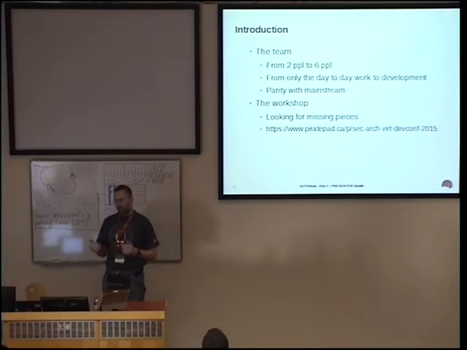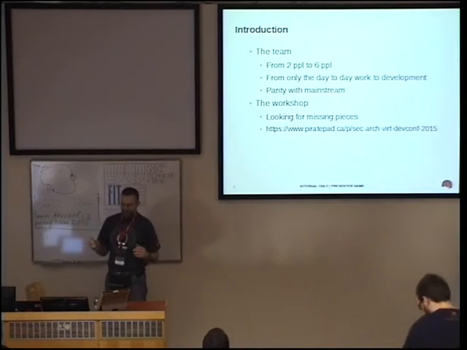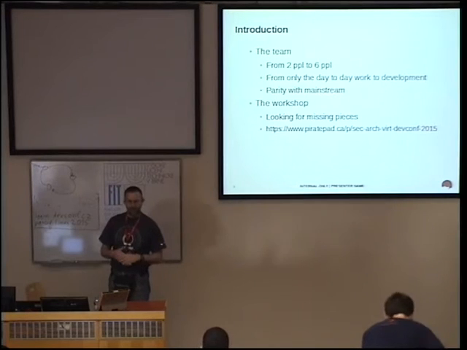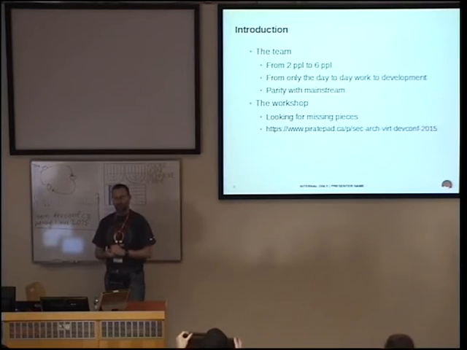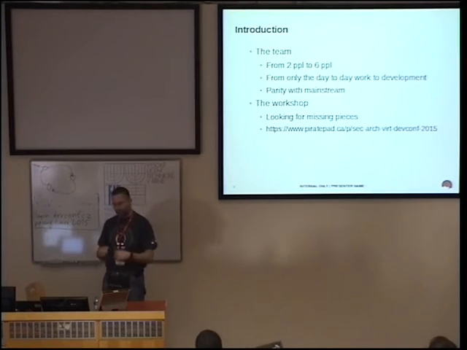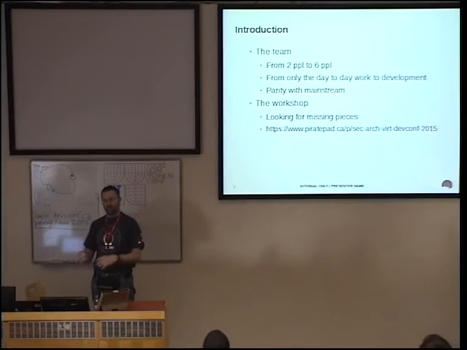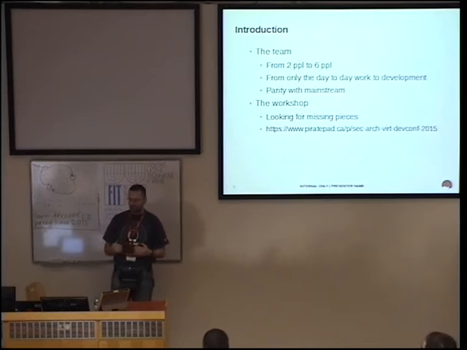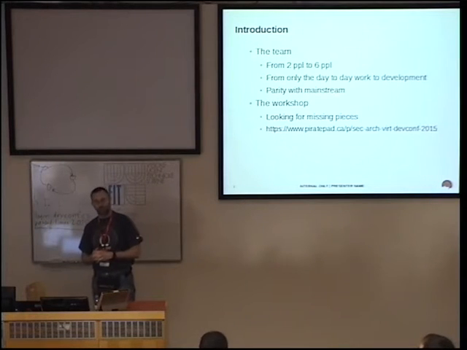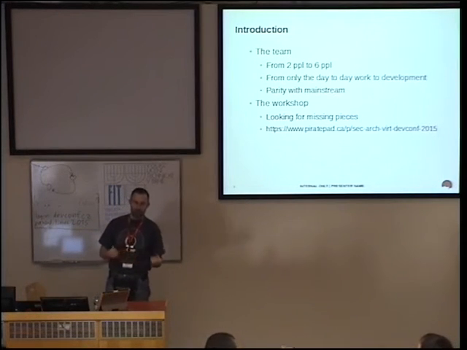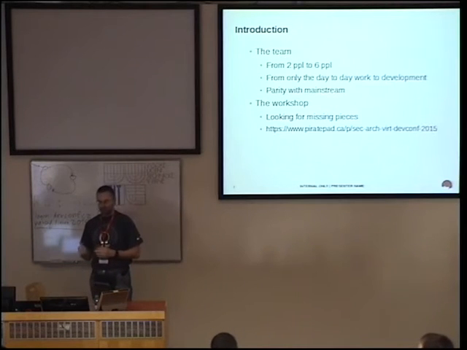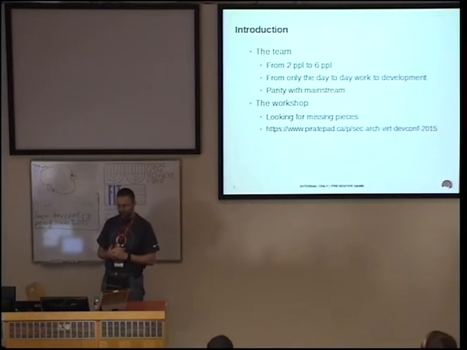Now we have 6 people, which means that we can do more stuff than just the daily work of fixing issues that are coming from the Fedora build system and keeping the Fedora stuff built and prepared for the upcoming RHEL version. And now we have the capacity also for doing some interesting development, porting some stuff and such kind of things.